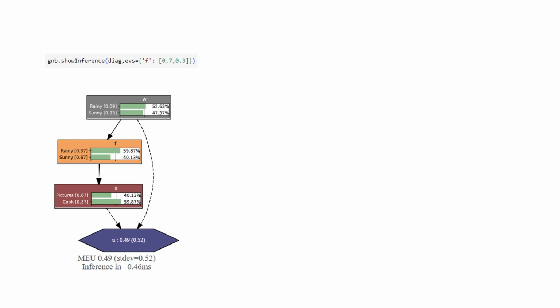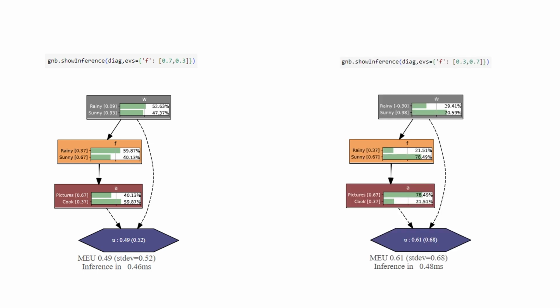Now let's switch these probabilities and let's assume that the feedback was that with 30% probability the weather will be rainy and 70% probability the weather will be sunny. Of course, in this situation, the most useful thing to do is to plan to go out and take pictures.